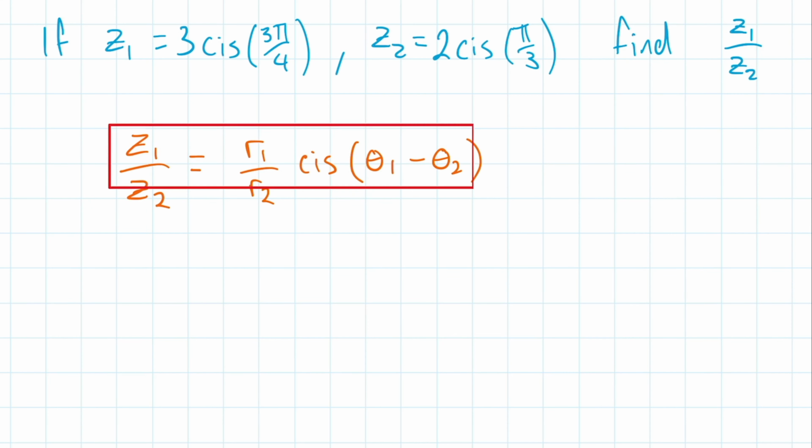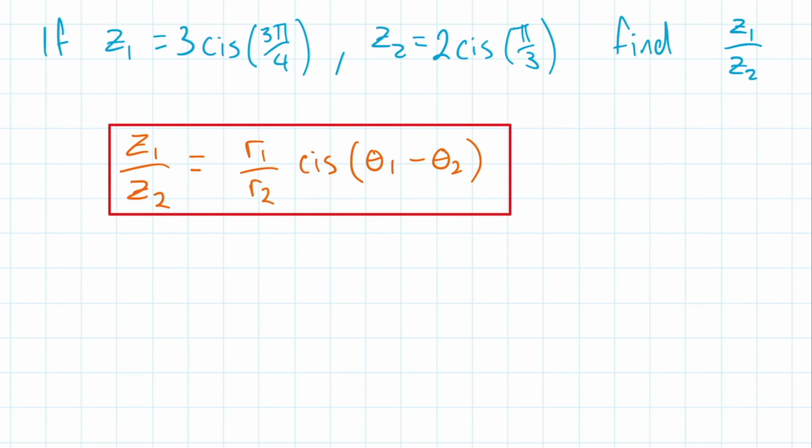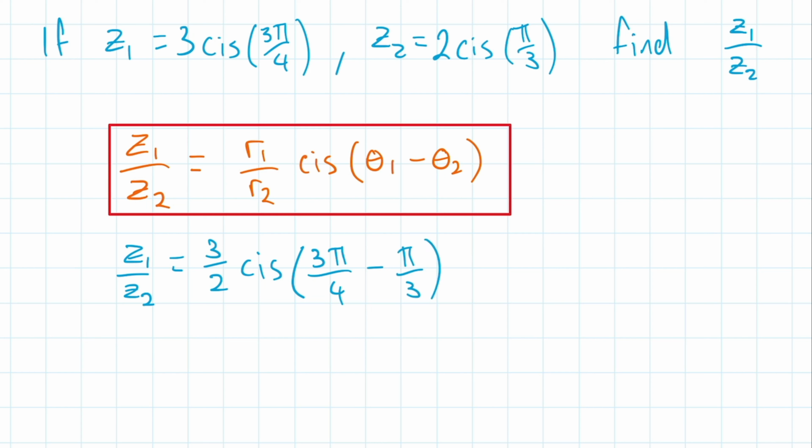Okay, so again, if I pop this here in a little box, I do Z1 divided by Z2 for the same complex numbers. Well, now I'm going to be dividing. That's going to become 3 over 2. My cis part, again, is going to stay exactly the same. And now I'm going to be subtracting my first angle, which is going to be 3 pi on 4, by my second angle, which is going to be pi on 3. Now, if I simply just subtract my fractions, that's going to equal 3 over 2 cis.